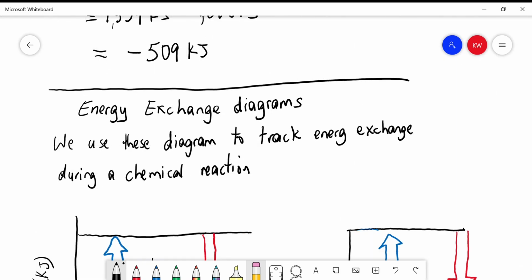So we could look at a diagram to see what this looks like. These diagrams are called energy exchange diagrams. We use these diagrams to track energy exchange during a chemical reaction.